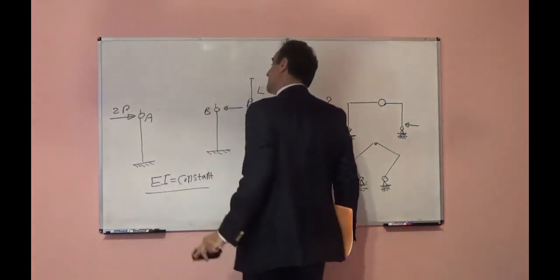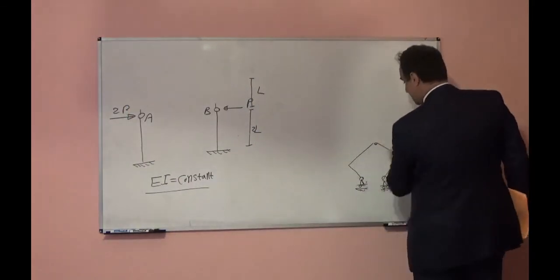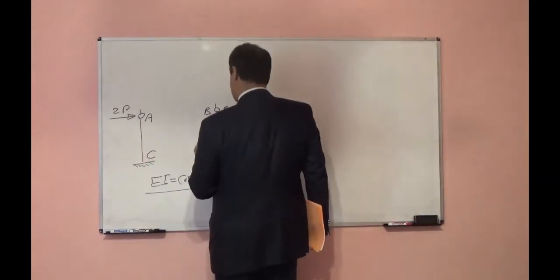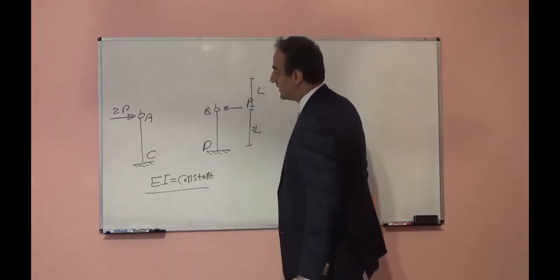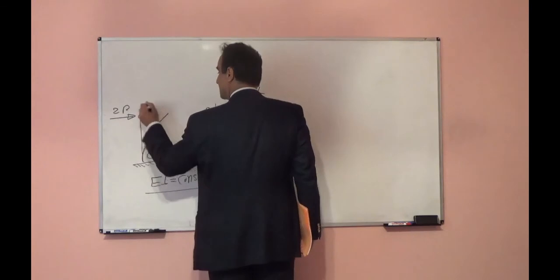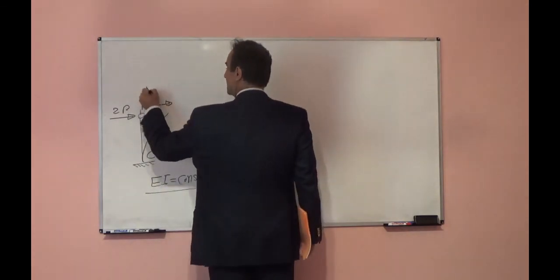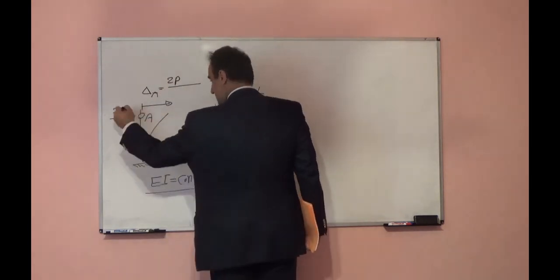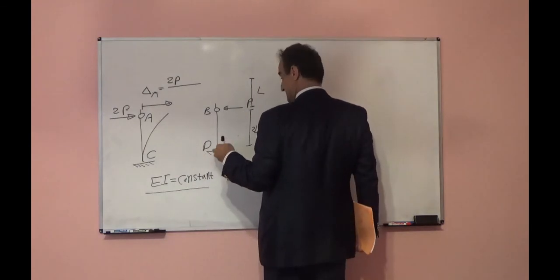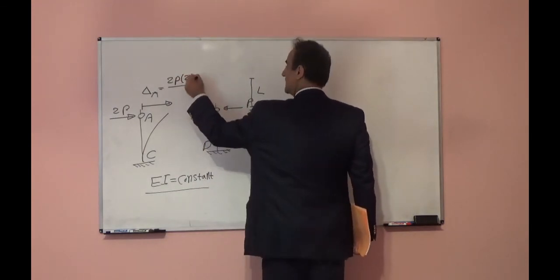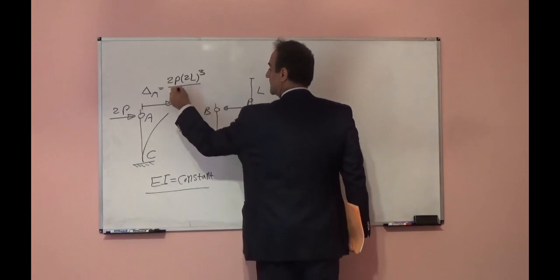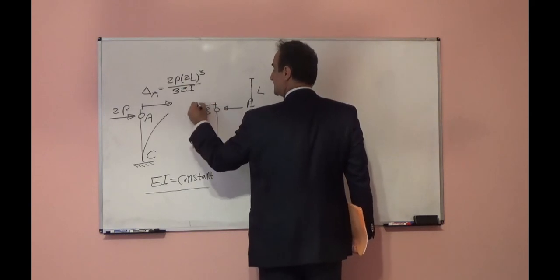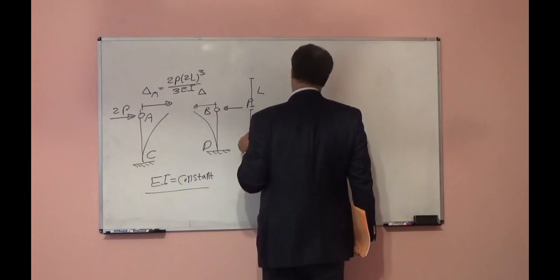Now, what we have here are two cantilever beams, one of them AC, another BD. If we apply load on the cantilever beam, I can calculate this deflection delta A. That will be equal to the load, which is 2P, times length cubed, 2L cubed, over 3EI. The BD part will bend like this and point B will move from right to left.